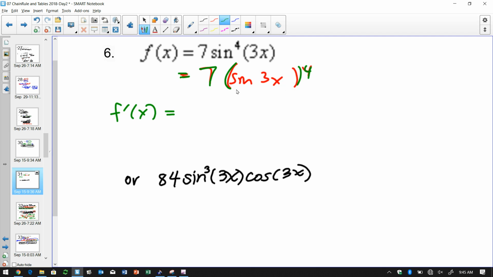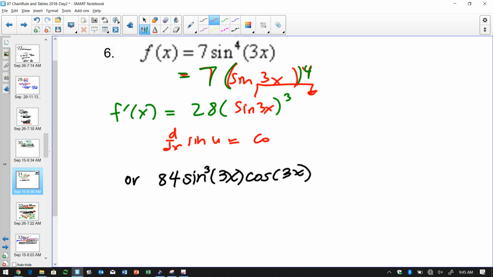And so when you rewrite it, you can see chain rule happening here. This would be 28, leave the inside alone, and take the power down by 1. And then when I take the chain rule, what that means is leave the inside alone, take the derivative of sine u. But remember, the derivative of sine u is cosine u du dx. And what is my u in this problem? 3x.